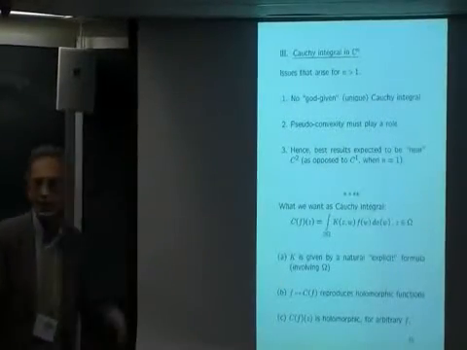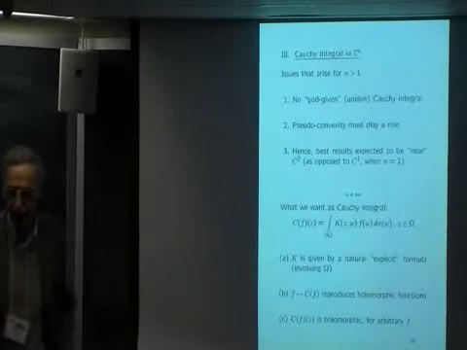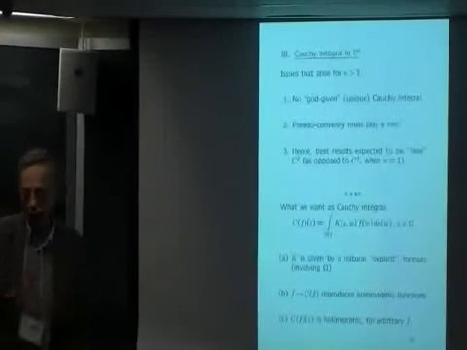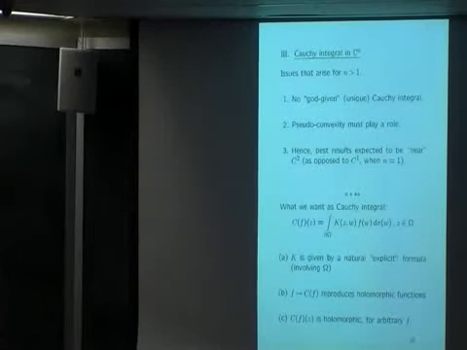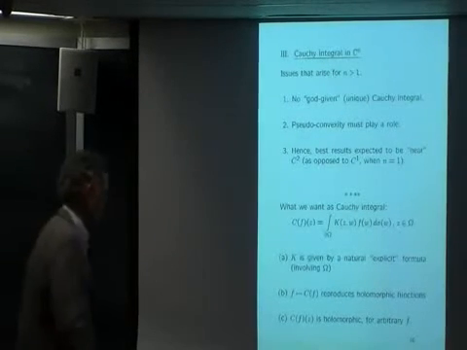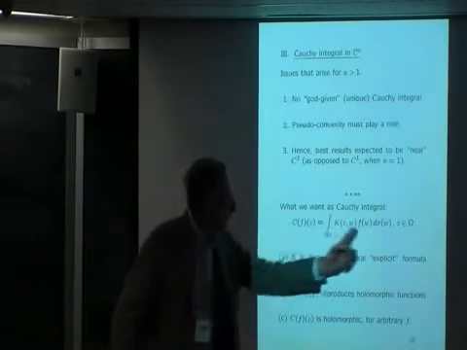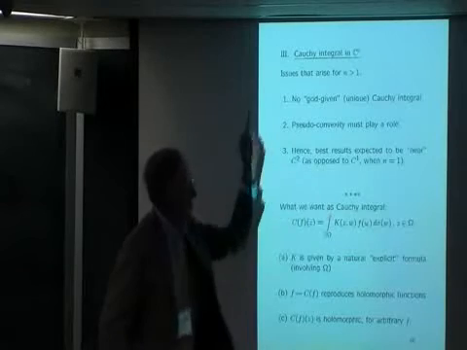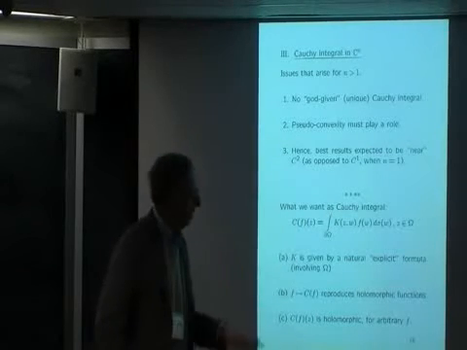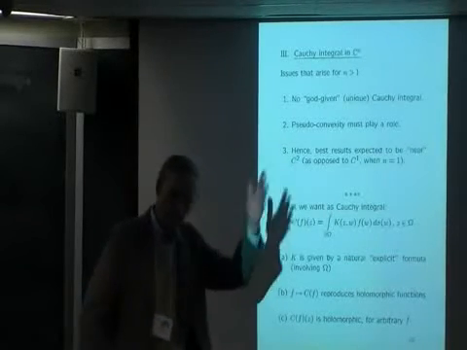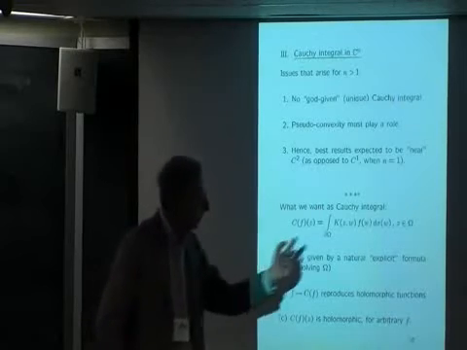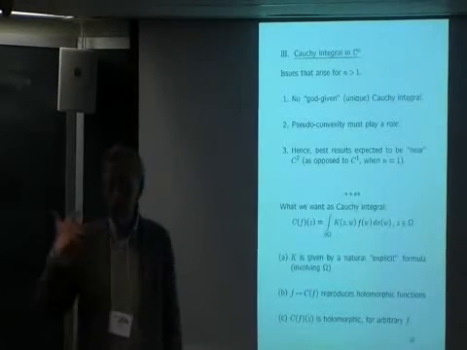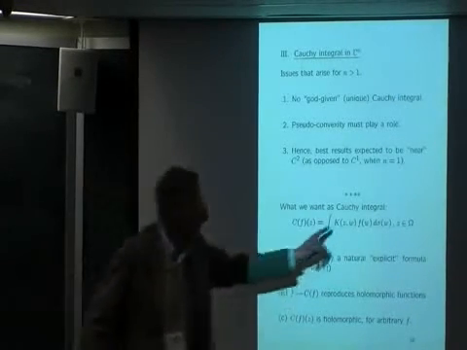That's background. Now, let's come to the next issue, which is what do we want, or when we say we want to have a Cauchy integral and prove a theorem for it, what will a Cauchy integral be? It'll be some kind of integral where you have the domain omega in the complex plane, which has some minimal regularity property, and you start with a general function on the boundary.